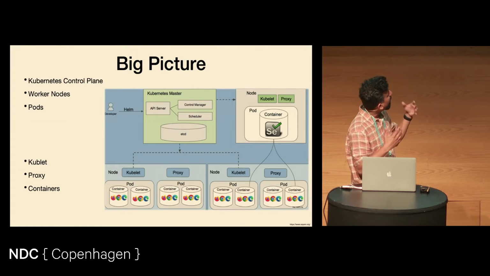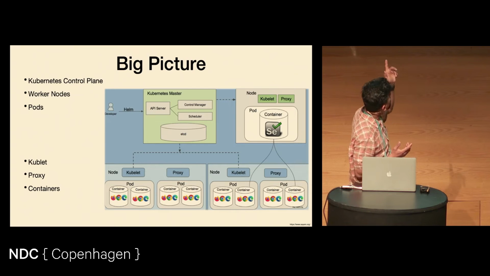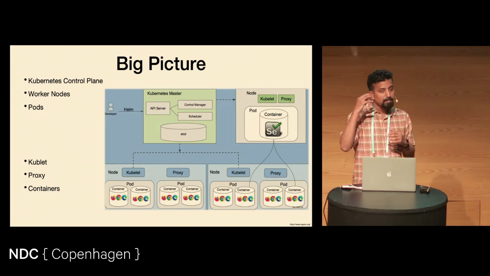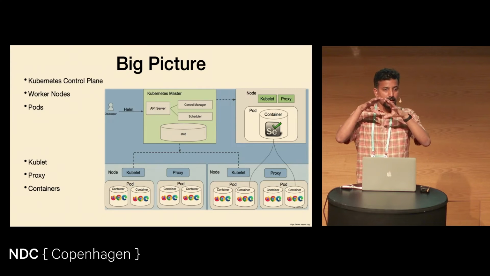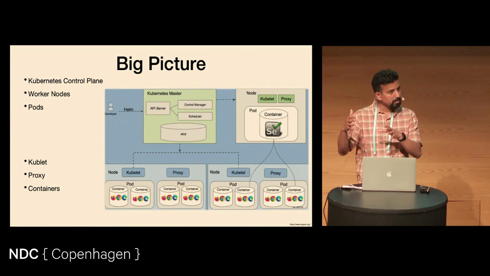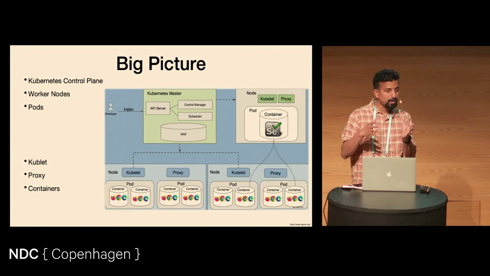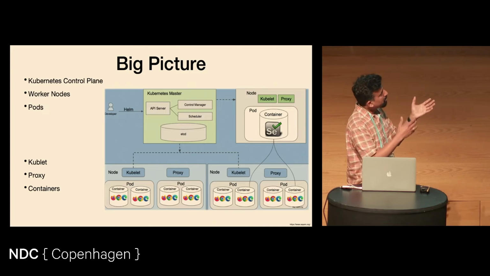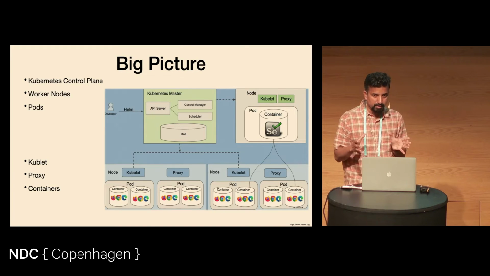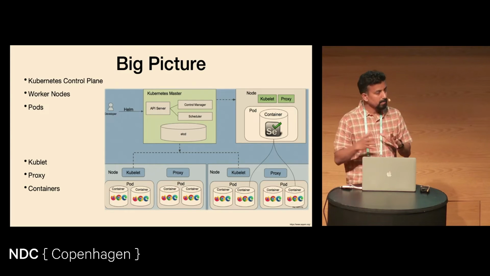So the control plane runs on the AWS side, and then you have worker nodes, and then you have pods. A pod can encapsulate one or more than one container. In Kubernetes, there's the concept of a service, which can handle a group of containers in terms of communication.